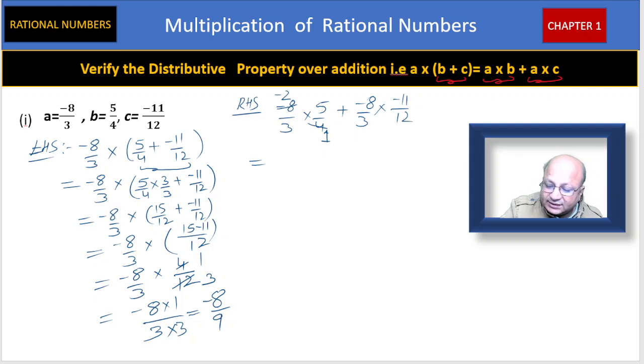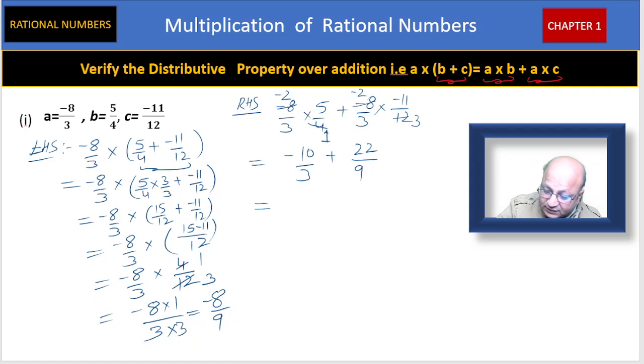And in the second part, between minus 8 and 12, the common factor is 4. So minus 8 divided by 4 is minus 2 and 12 divided by 4 is 3. So minus 10 upon 3 plus minus 2 multiplied by minus 11 is 22, because when we multiply two negative numbers we get a positive value, 22 upon 9.